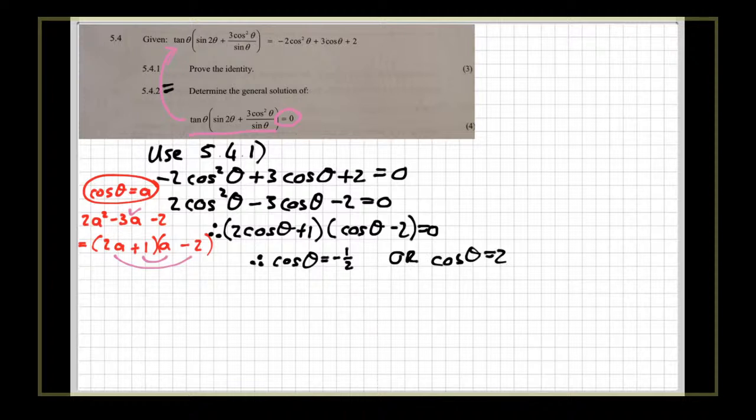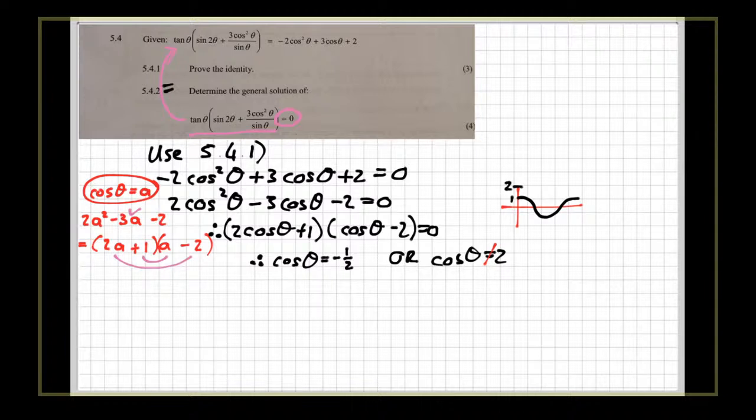Now, automatically, ladies and gents, cos theta cannot be 2. You can go and try to find a reference angle, and your calculator will give you a math error. The reason for this is, remember, that the cos theta graph has a highest point at 1. In other words, it will never go up to 2.